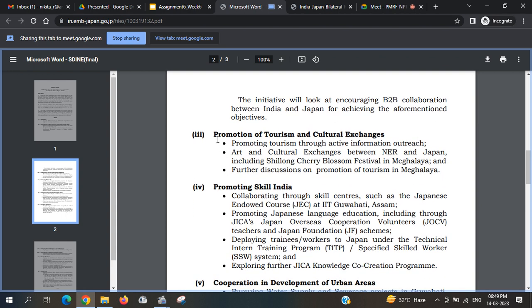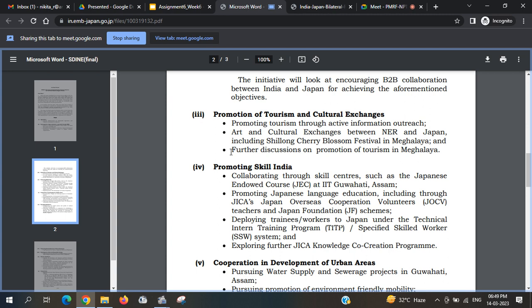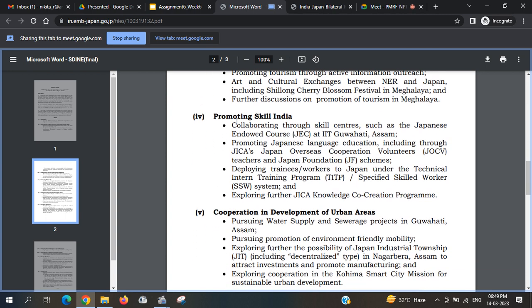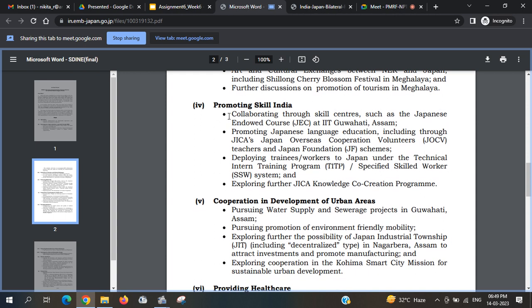Then promotion of tourism and cultural exchanges. So for that, art and cultural exchanges between northeastern region and Japan, including Shillong Cherry Blossom Festival in Meghalaya, and promotion of tourism in Meghalaya. Then as a part of promoting skills, collaboration through skill centers such as JEC, which is a Japanese endowed course available at IIT Guwahati in Assam.